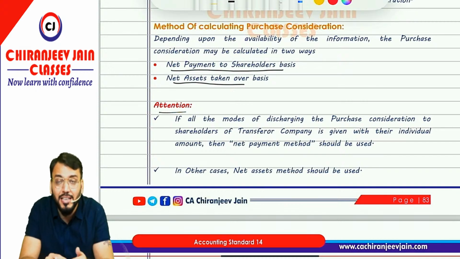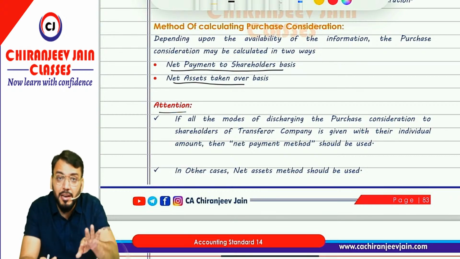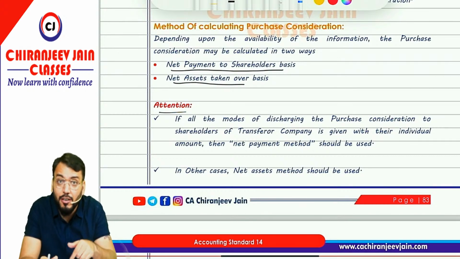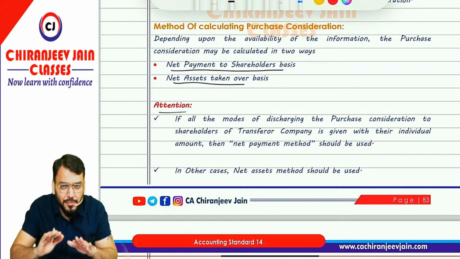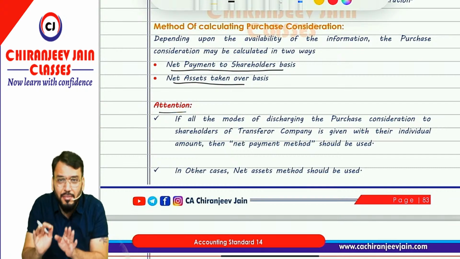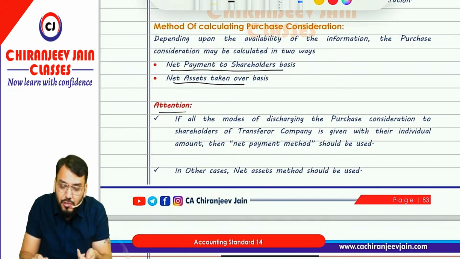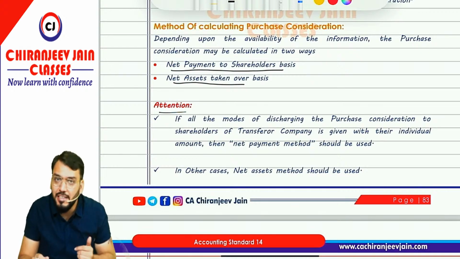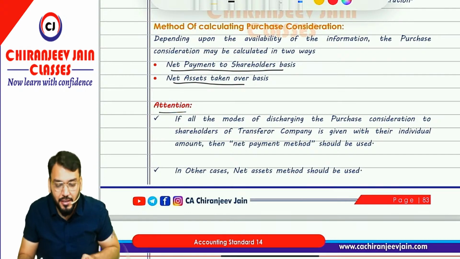Normally in the exam, PC is only wrongly calculated, and not because you don't know; it might be that you have not read the question carefully. So be calm, have patience in calculating the amount of PC. Once you have calculated the correct PC, the entire accounting treatment will be very simple. Chalega?